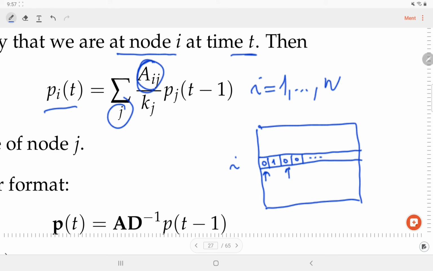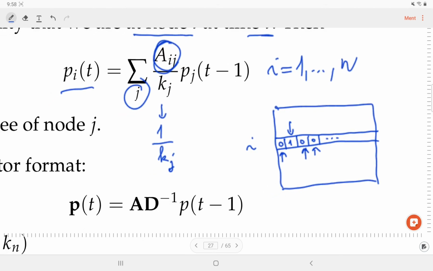This 0 also doesn't count, this 0 also doesn't count. What counts is if we have 1. In that case it's 1 over k sub j. Now k sub j is the degree of node j.